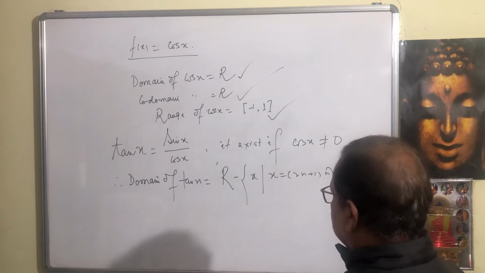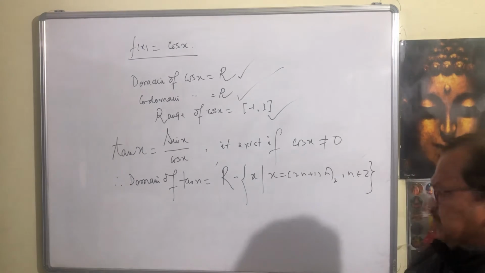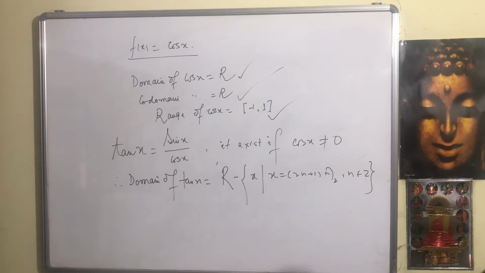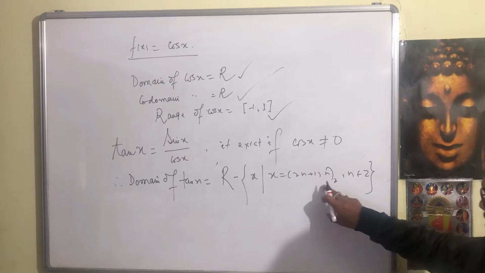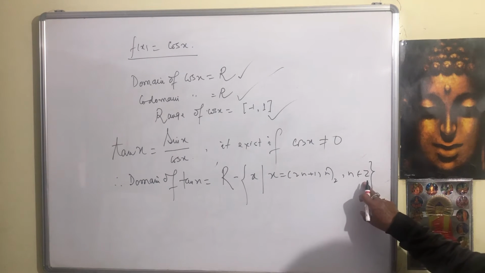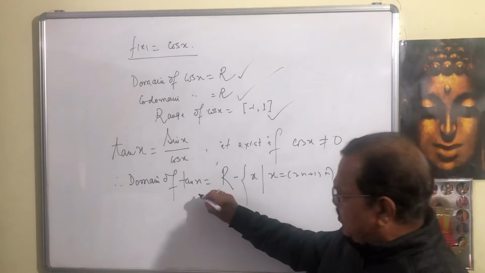So here is the condition over the domain. R minus, that means the set of all real numbers except the odd multiples of pi by 2, where n is an integer. So domain of tan x is this.